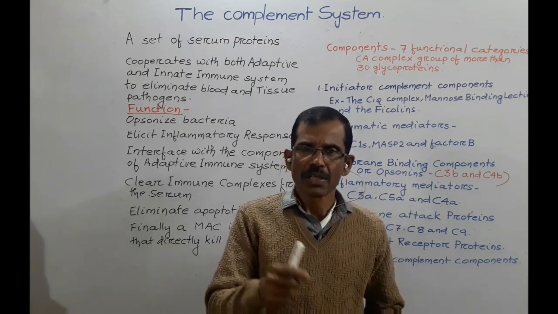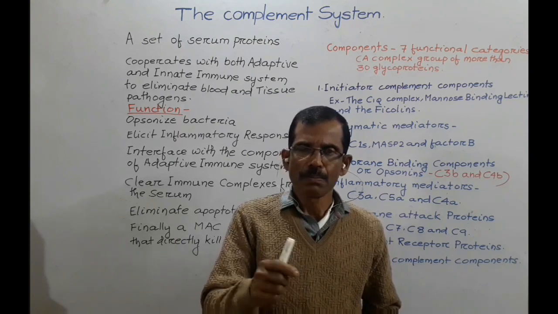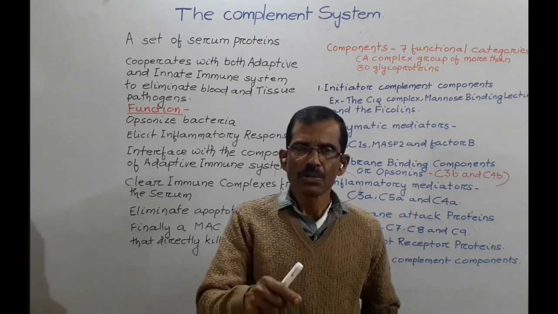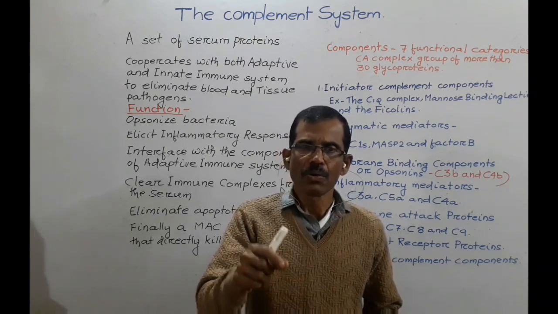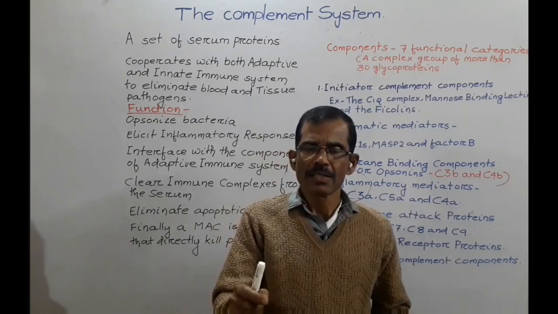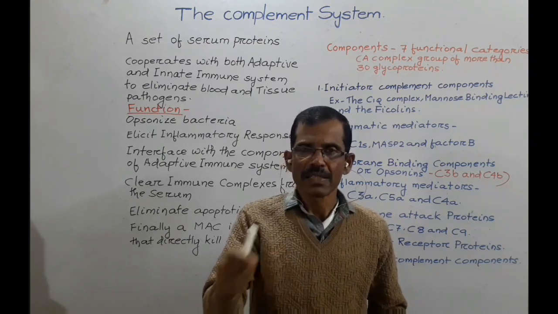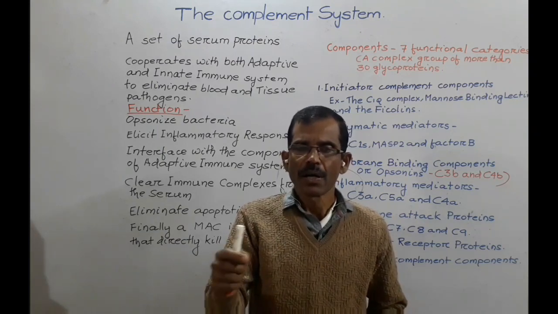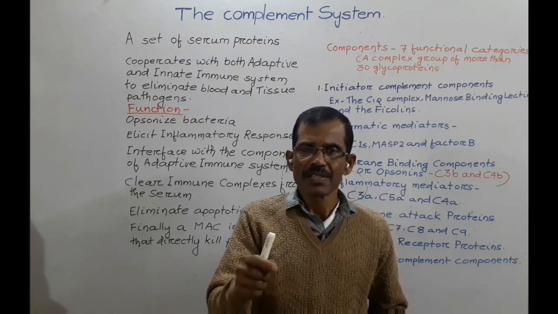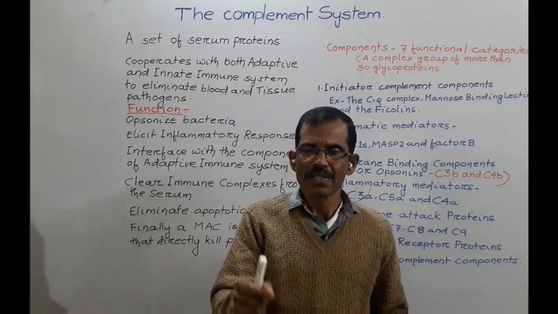They bind to the surface of microorganisms where they act as a binding tag for phagocytes, thereby promoting the phagocytosis of various microorganisms. As a general rule, the larger fragments are designated with the suffix b, but there is an exception in the case of complement component C2. The larger fragment, which is enzymatically active, is designated with the suffix a.